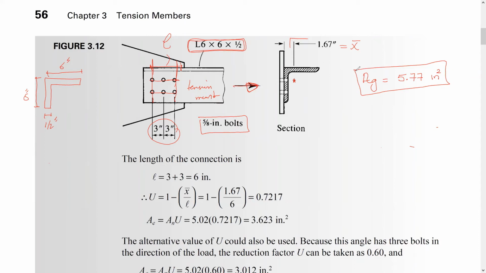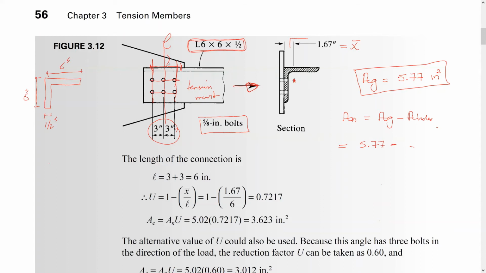I don't need to go there because I suppose you are right now familiar with the steel manual and how to get the gross area. Okay, if we take a section anywhere here, you will see that the net area is equal to the gross area minus area of holes. So the gross area from the manual is 5.77 minus.